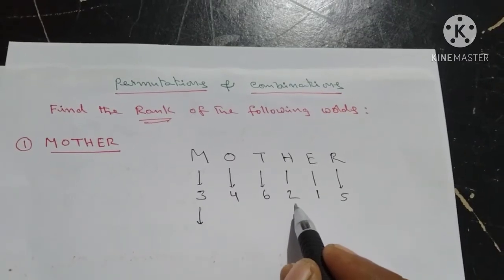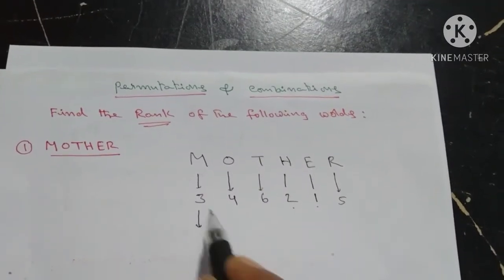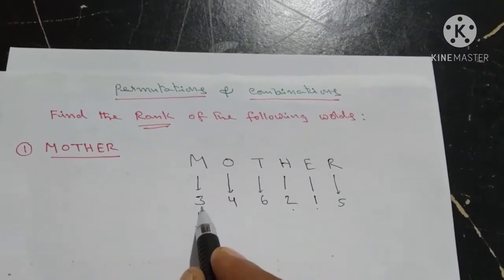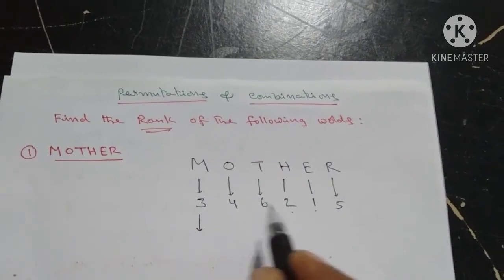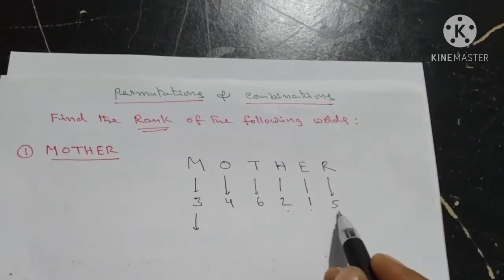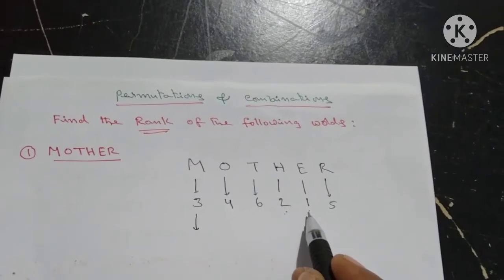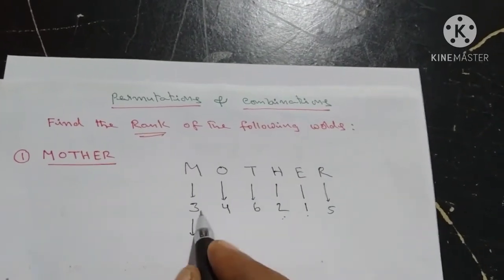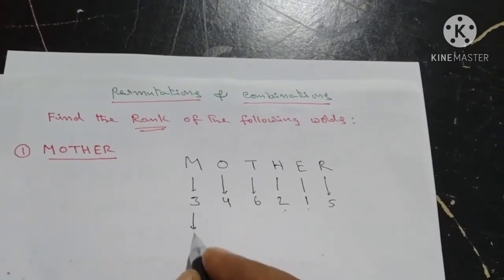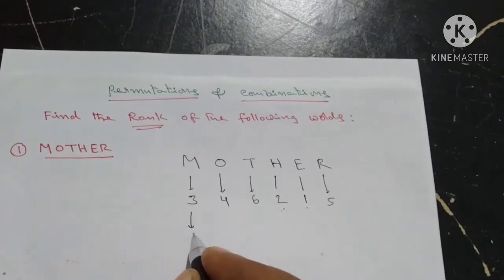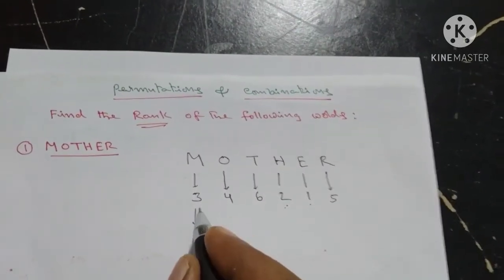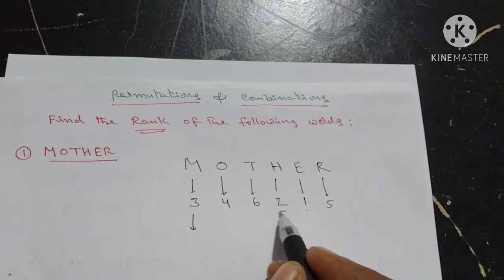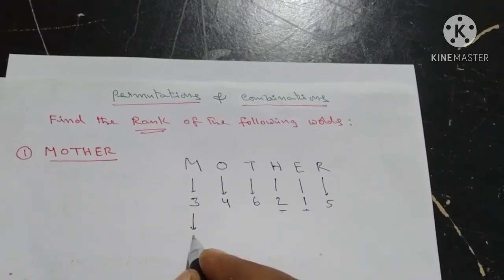This is 1, 2. 2 lesser values of 3, since 4, 6 and 5 are greater values. So here we will write the number of lesser values of 3: here 2.